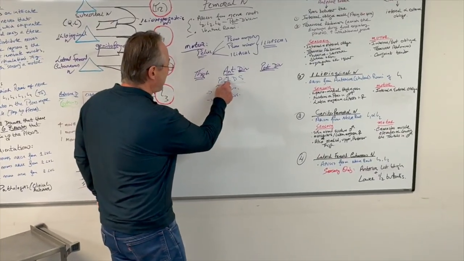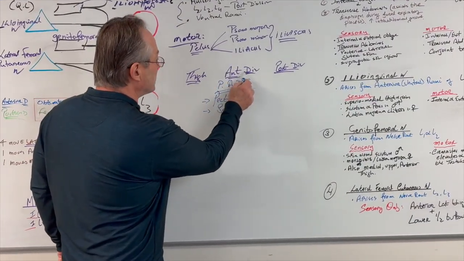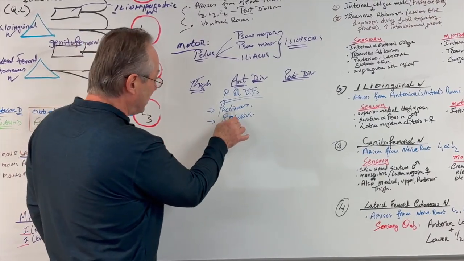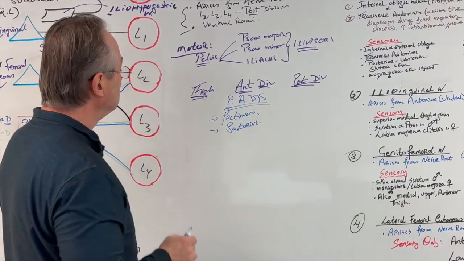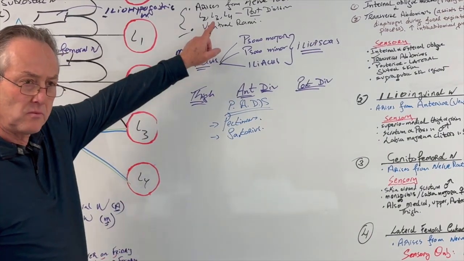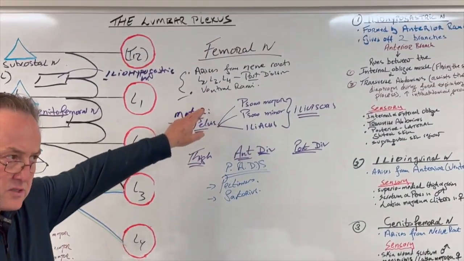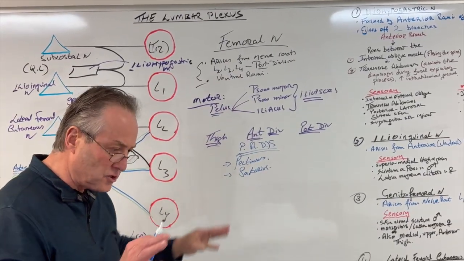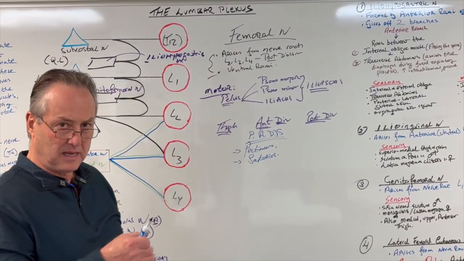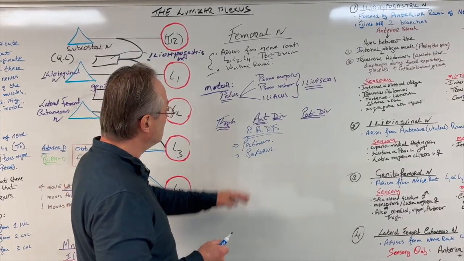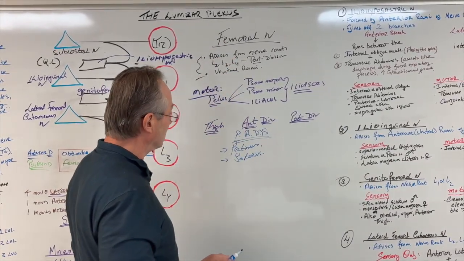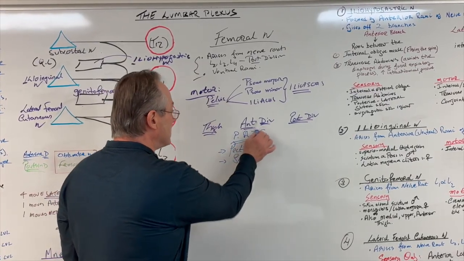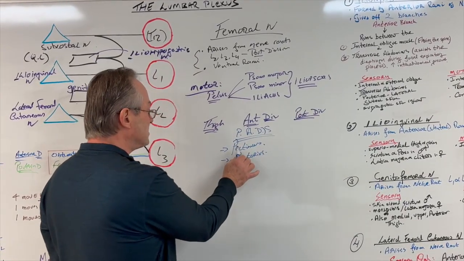Okay, so this AD is just anterior division, so it spells out PADS, the pectineus and the sartorius. And we talked about the pectineus, remember, with the obturator nerve, and said it was the accessory obturator nerve. So not all literature is 100% in consent with one another. Some say, no, it's the femoral nerve, but just be mindful of that. So anterior division, we have the PADS, pectineus, sartorius.